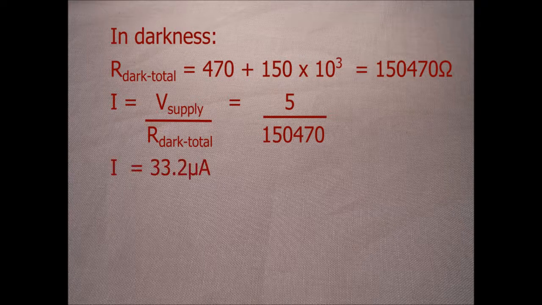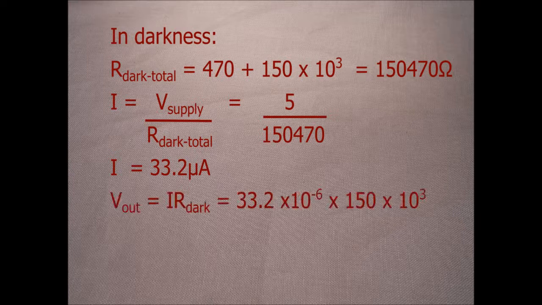That gives me a current in the dark of 33.2 microamps. V out is across the LDR, so it's the current we've just worked out times the resistance in the dark: 33.2 times 10 to the minus 6 amps times 150 times 10 to the 3 ohms gives us an output voltage of 4.98 volts.